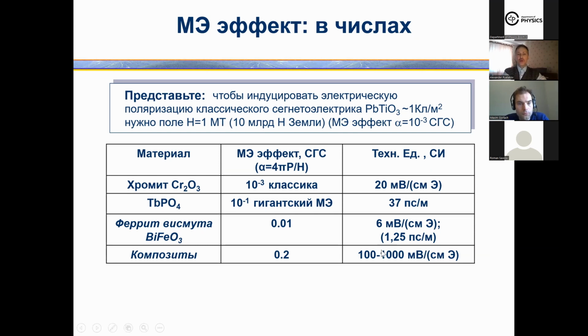But for composites, for artificial multiferroics, their values can be several orders higher than in classical chromium oxide. Chromium oxide, for example, in technical units, 20 millivolts per centimeter Ørsted.